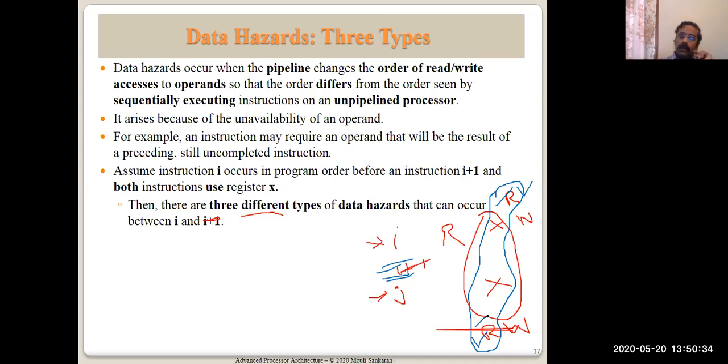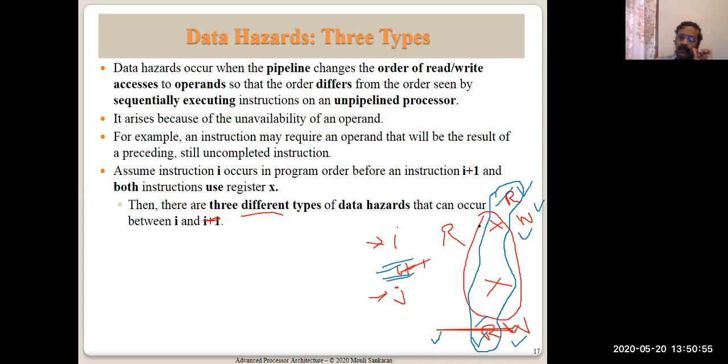There is no harm. The problem will happen in all other combinations. If one is a write and the other a read, or one wants to write and the other also wants to write, there is a problem. You may wonder why two writes have a problem. I will explain.